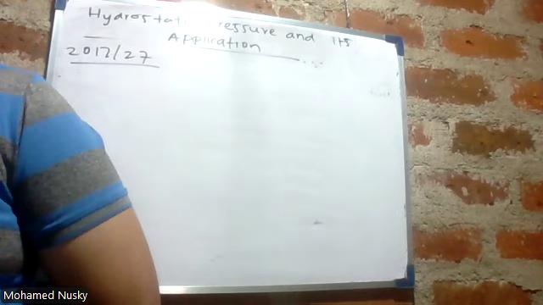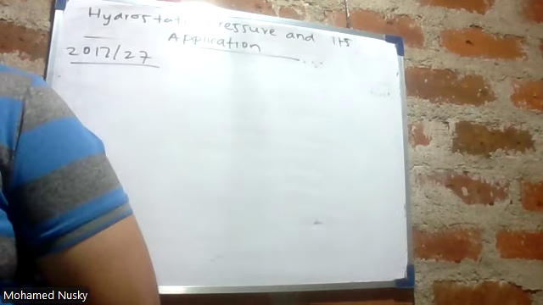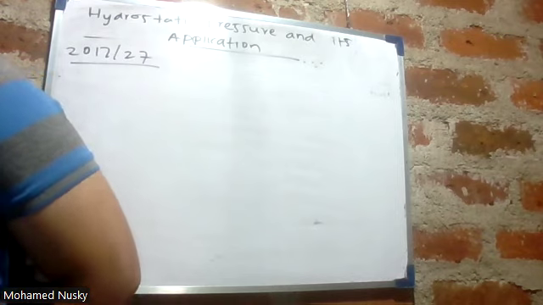What is the upthrust acting on the swan by water? Take the value of gravitational acceleration as 10 meters per second squared.